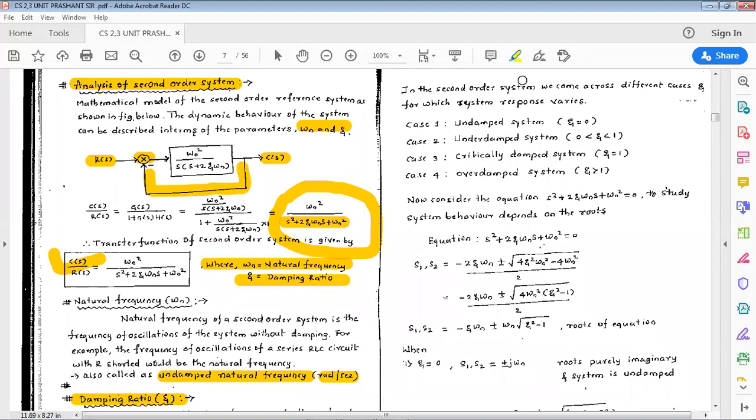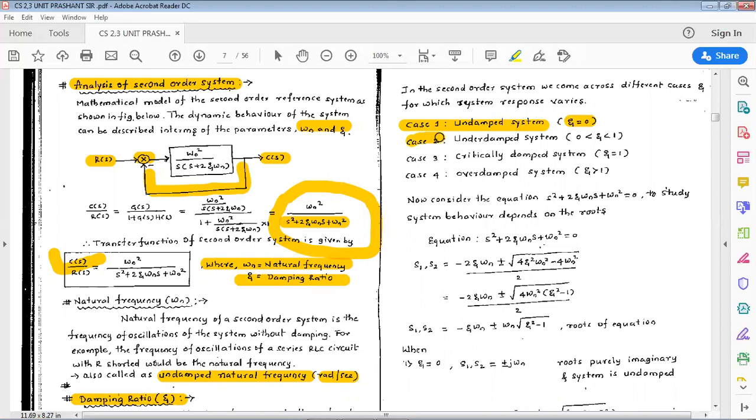Now, in the second order system, we come across some different cases for which the system responds differently. We'll look into one by one how exactly it varies and differs. Case 1, it is an undamped system where zeta is equal to 0.